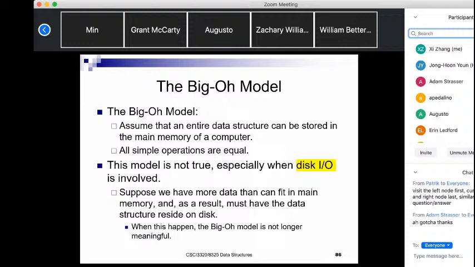So we have to store it in secondary storage, such as the hard disk drive, the most popular one in the current computing environment. Then we need to minimize disk I/O operations, because one disk I/O operation may be equivalent to maybe 1 million CPU operations.